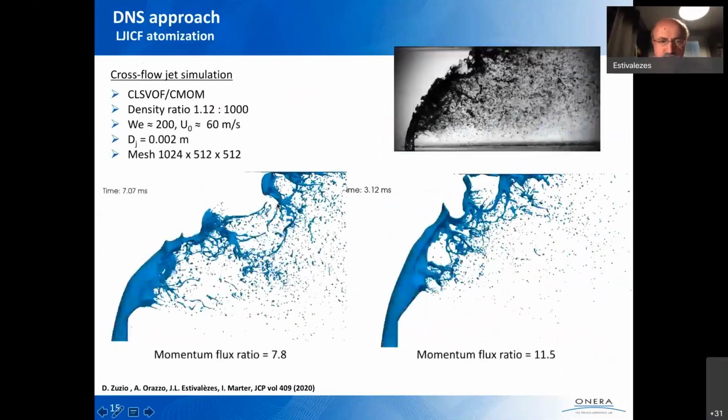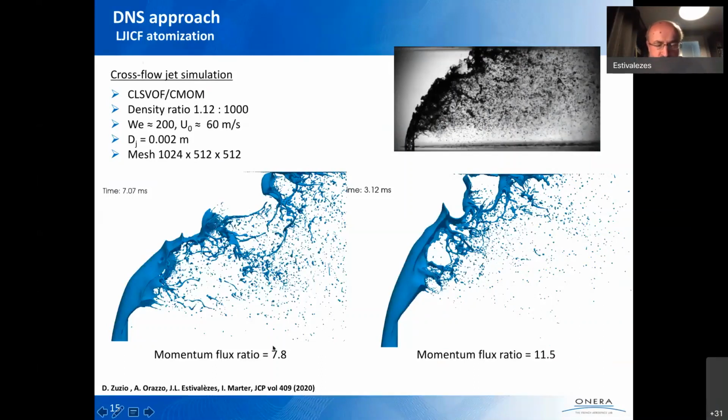Some results. So it's the first one. It's to show you some results about a canonical experiment, which is the interaction of a liquid jet in a cross flow. Here you have a liquid jet coming from this hole, and here you have a cross flow which will impact this jet.